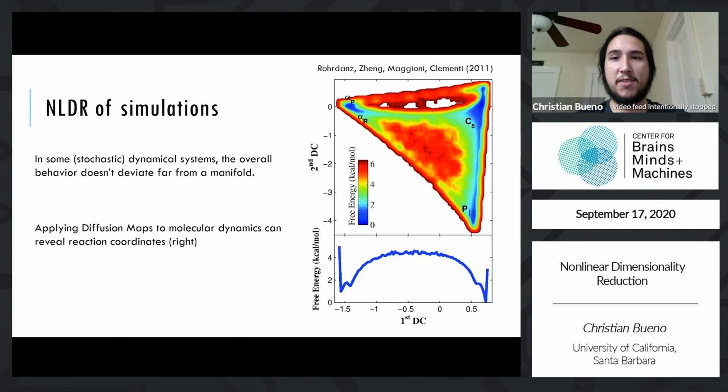And then the 2D version is on the top from this paper by Roerdans and Zhang, Maggioni, and Clementi. And so, yeah, diffusion maps has been applied to these kinds of things. It feels somewhat natural because diffusion maps has all these manifold-like guarantees, and it also is naturally working with diffusion and random walks, so it feels right. But maybe there's better things, of course.